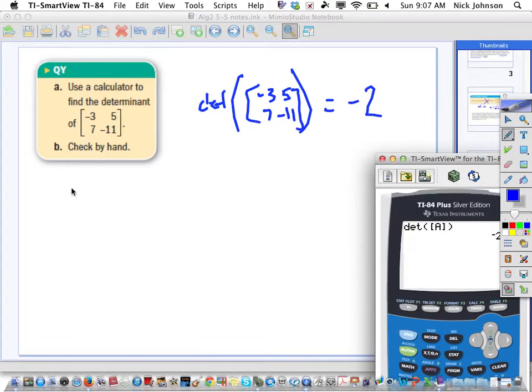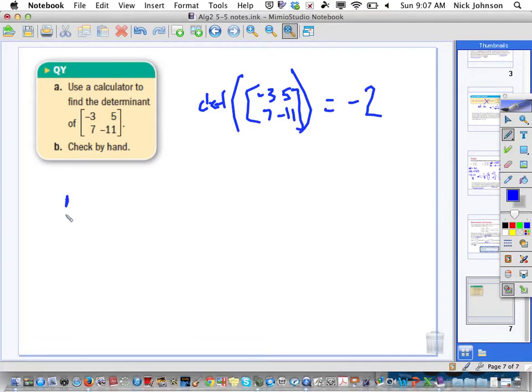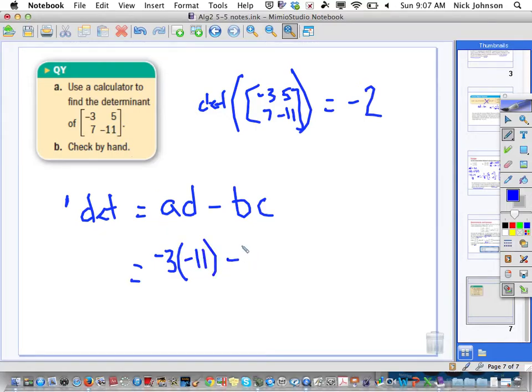So by hand, the determinant equals A times D minus B times C. This is A, this is B, C, D. So A is a -3 times D, which is a -11, minus B, which is 5, times C, which is 7.